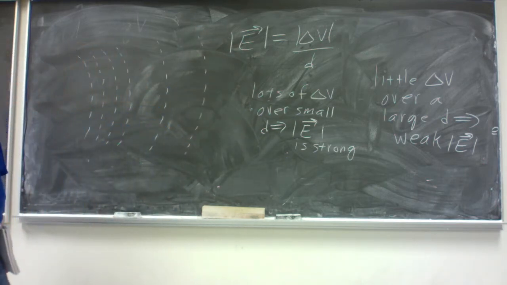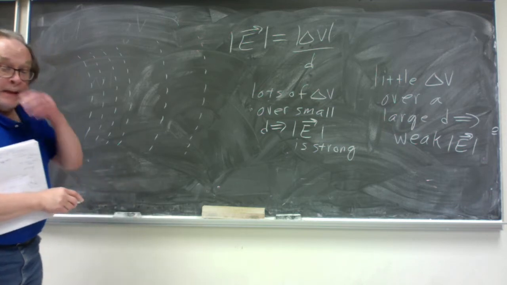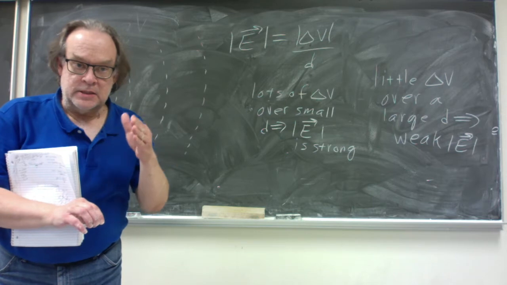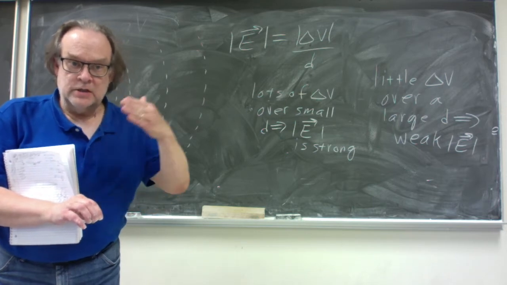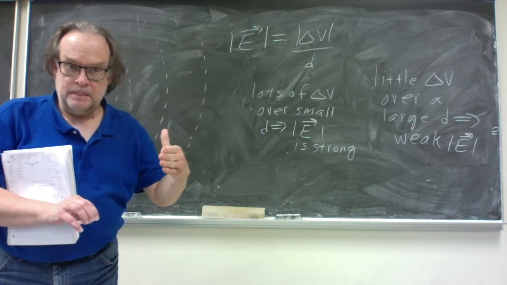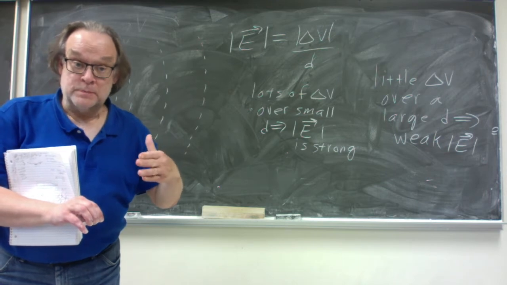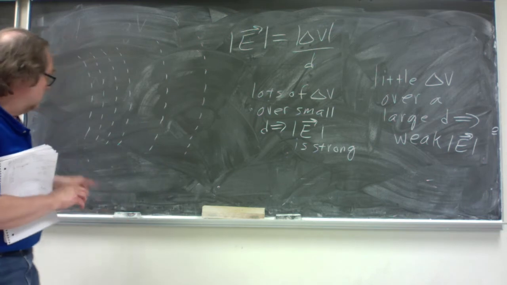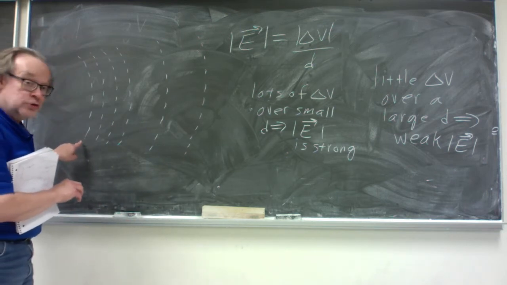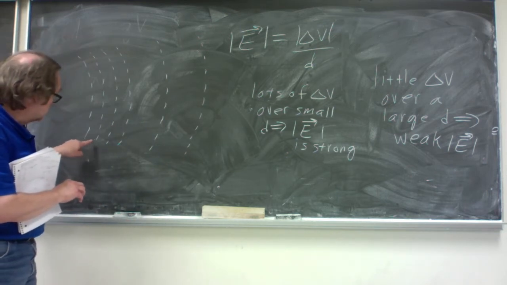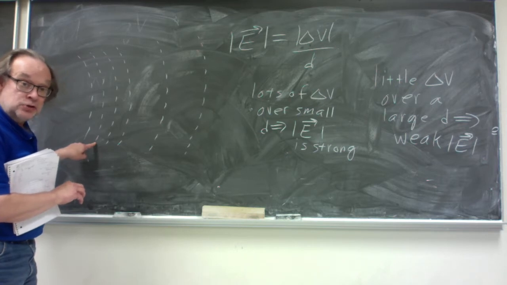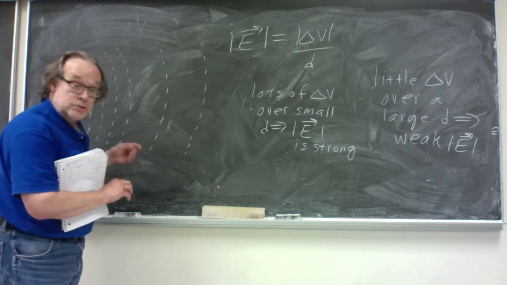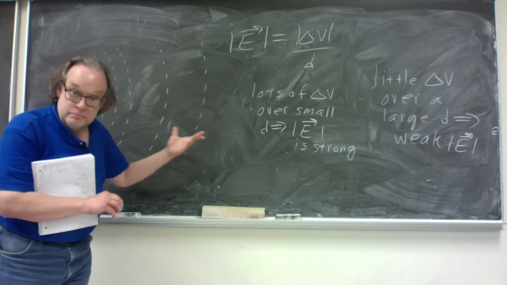All right, so the way we usually draw equipotential lines is that when you go from one to the next, that always corresponds to the same amount of potential change. Like say if the potential changes by 10 volts when you go from this line to this line, then the potential changes by 10 volts when you go from this line to this line. And the potential changes by 10 volts when you go from this line to this line.